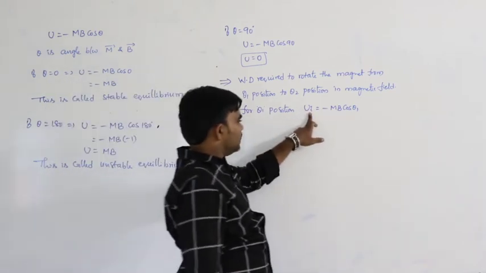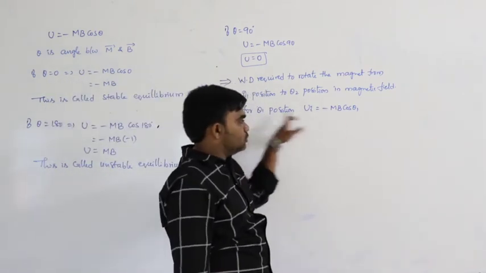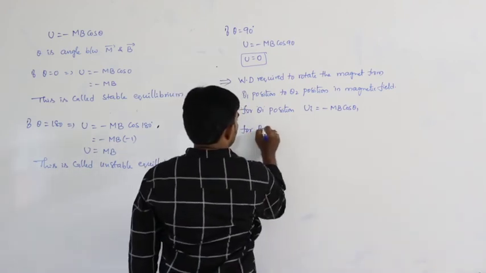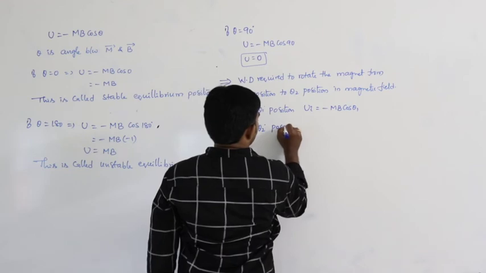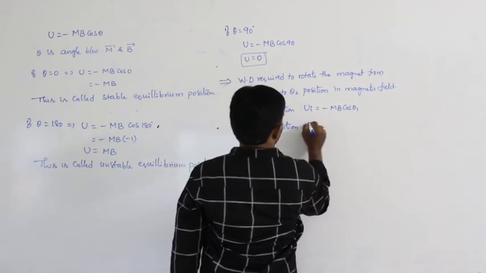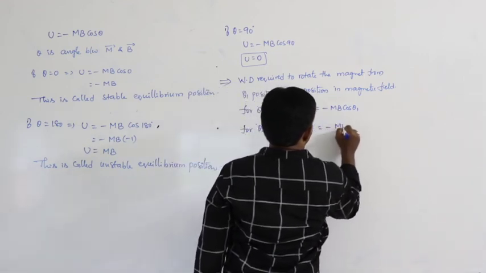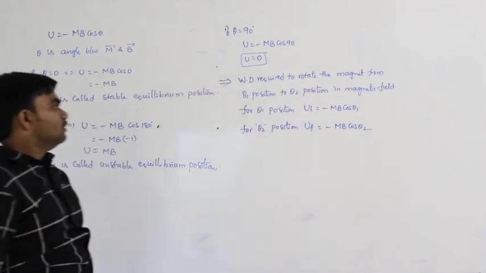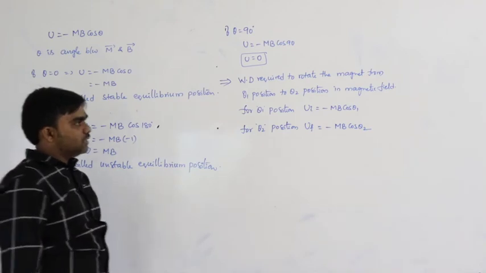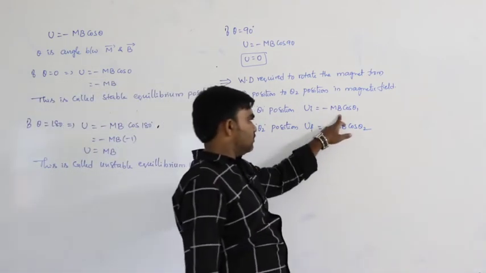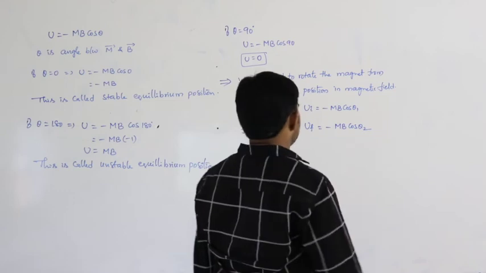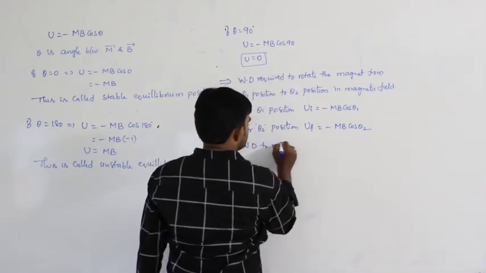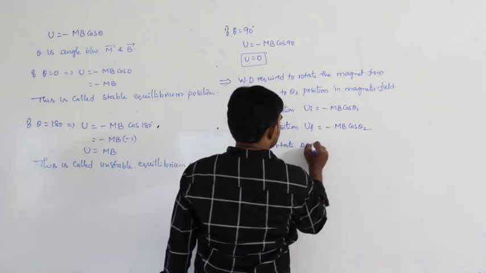Next, for the theta 2 position, U final equals minus mB cos theta 2. So initial energy is minus mB cos theta 1, and final energy is minus mB cos theta 2.